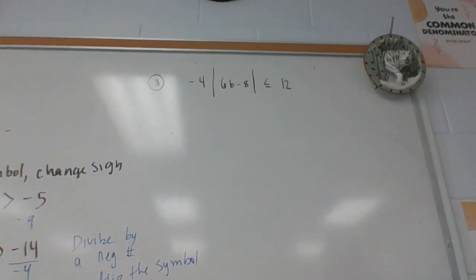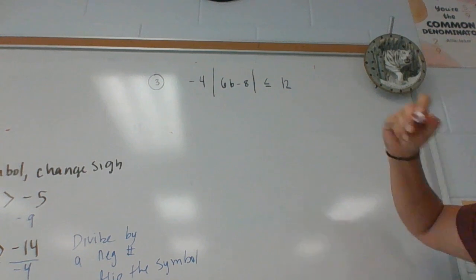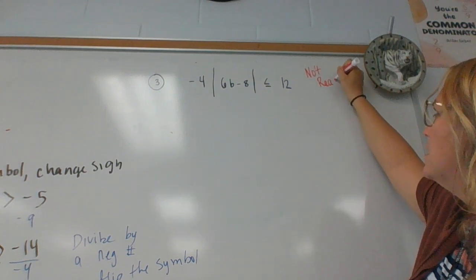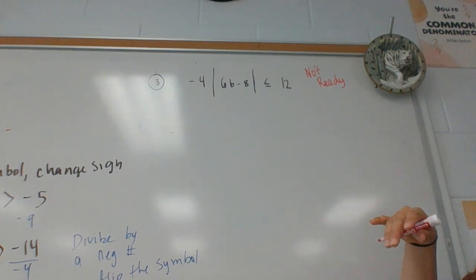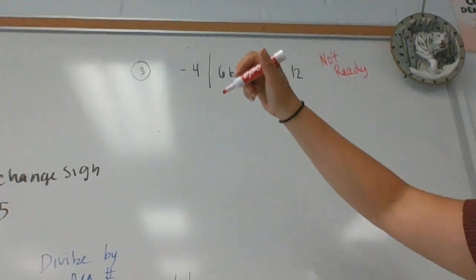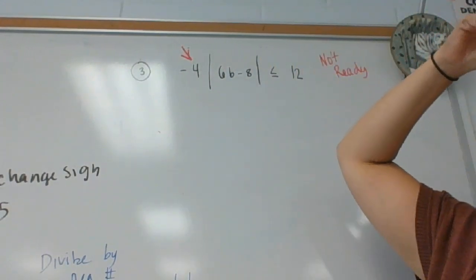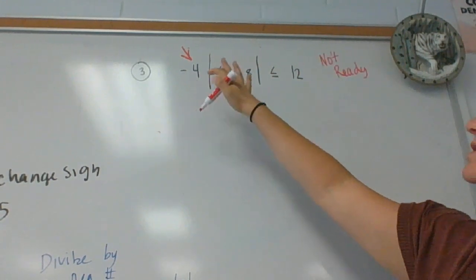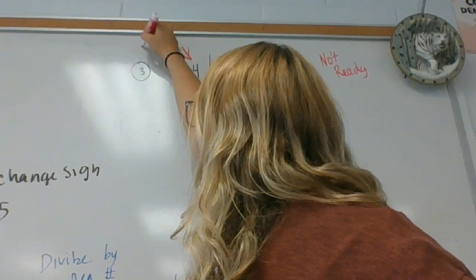Alright, this one. This problem is not ready. I can't do anything yet. It's not ready. It's not set up correctly. You gotta put some work into it to even start the problem. The work I gotta put into it is right here. This -4. It's gotta be canceled out. The -4 is crowding the absolute value. You have to move it.